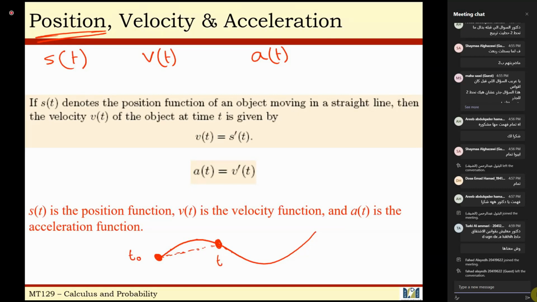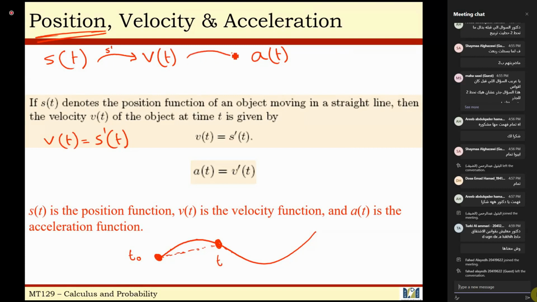But acceleration, for example gravity, is a force that affects the body and its velocity. Now what's the relation between position, velocity and acceleration? If we find the first derivative of the position, we have v of t. So v of t equals the first derivative of the position.